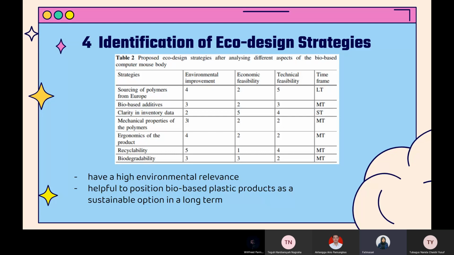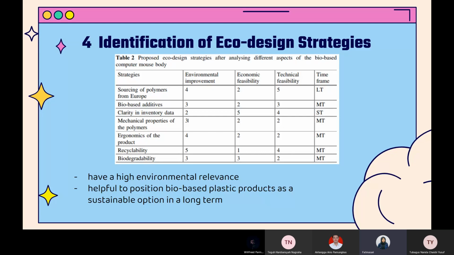For example, sourcing polymers from Europe has scored 4 for environmental improvement, which means a higher impact for environmental improvement, and economic feasibility got scored 2. It means maybe too expensive, and the technical got score 5, great feasibility, and LT or long term, good implementation for sustainability.